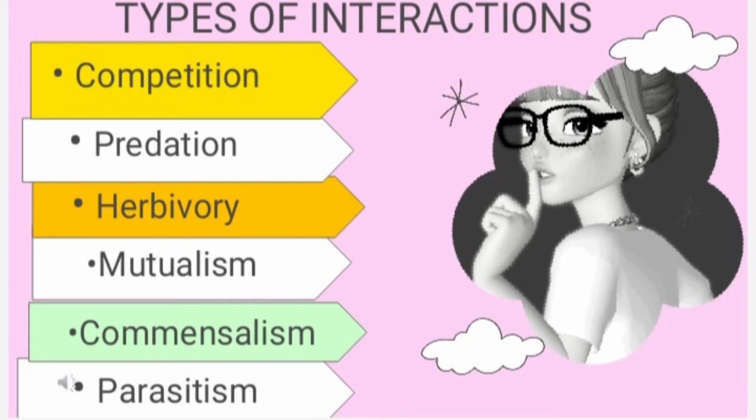These major types of interactions can be classified into 5, but actually there are 6 major types of interactions, namely competition, predation, herbivory, mutualism, commensalism, and lastly parasitism.